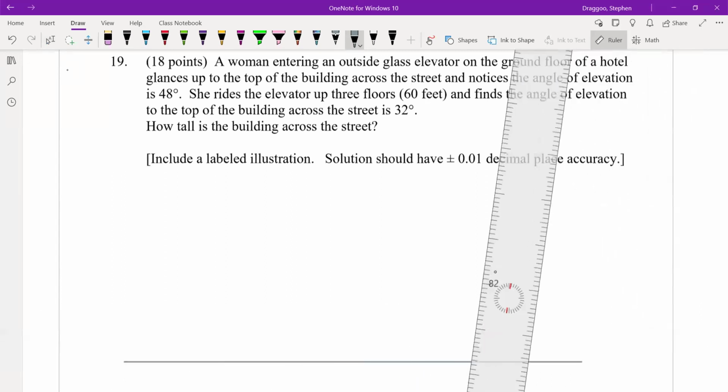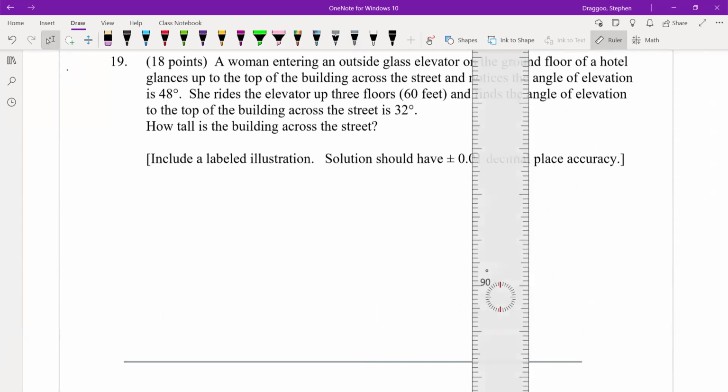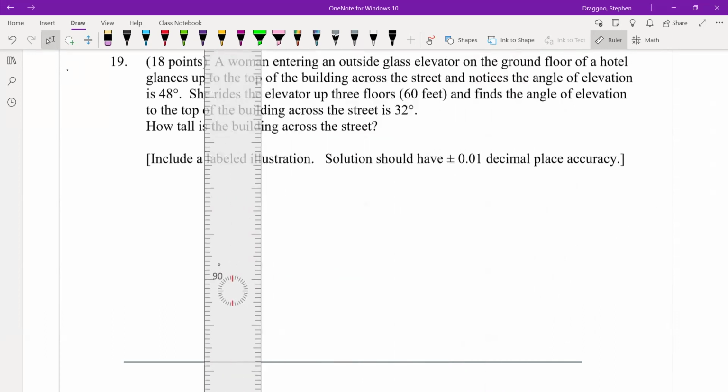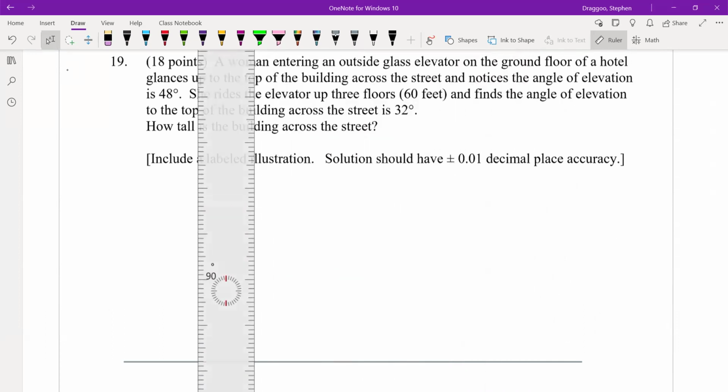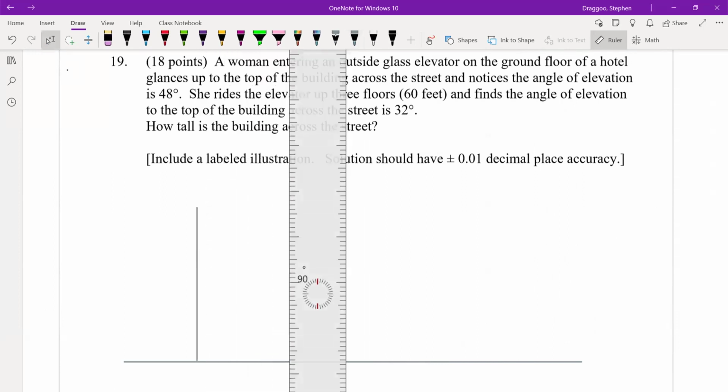And there's a building across the street that we are hoping to find the height of. Let's fill that in in a second. First, a woman's going to be riding up a glass elevator. Let's just put her here on the left. Elevators move straight up and down. So how about we call this vertical line over here a glass elevator.